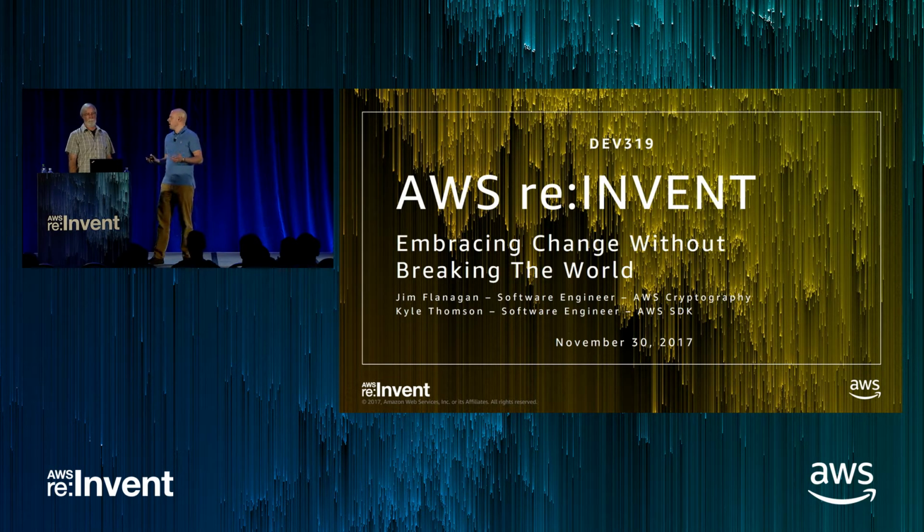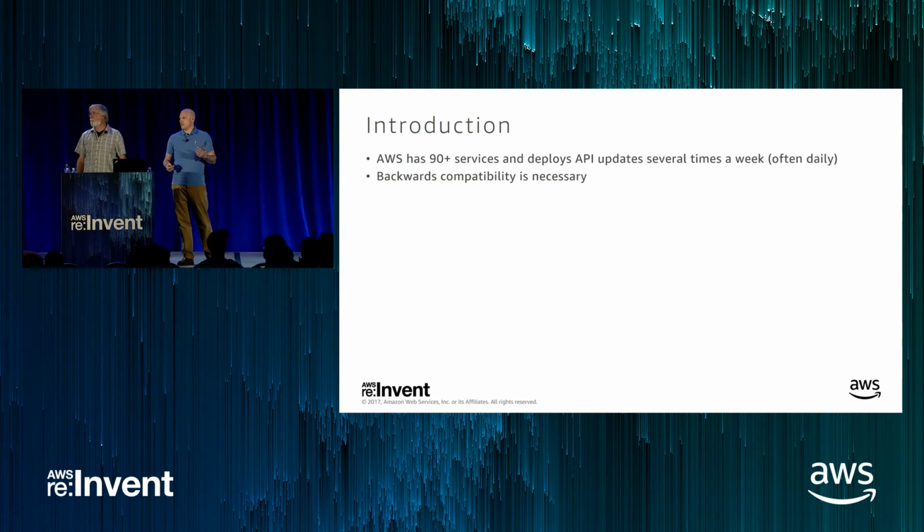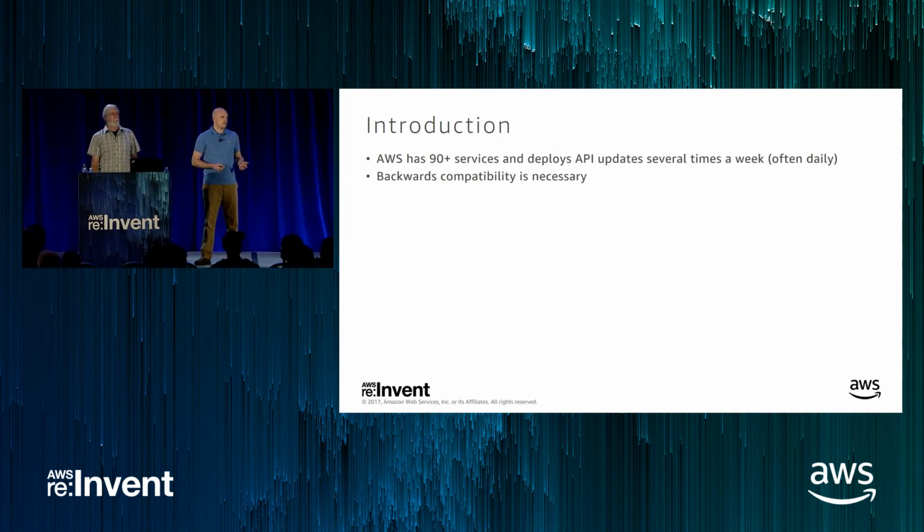There are really two sides to everything. There's the service side, and Jim's going to play the hat of service owner, and then there's the client side, the libraries that your customers use to actually talk to those web APIs, and I'm going to play that role.